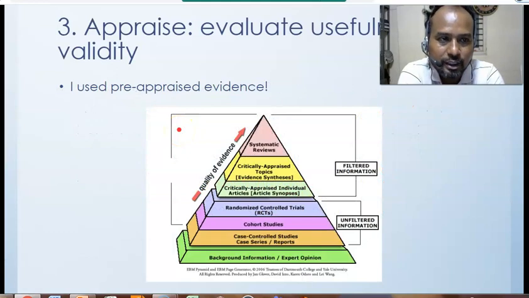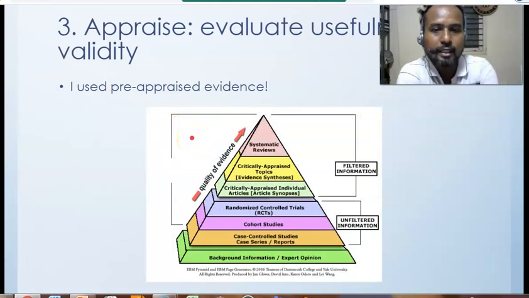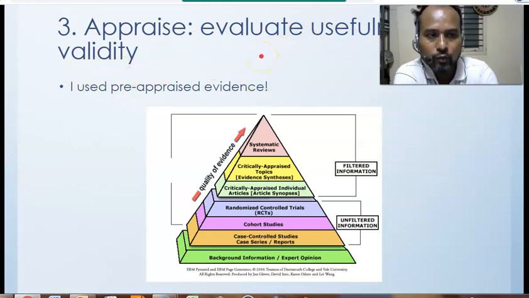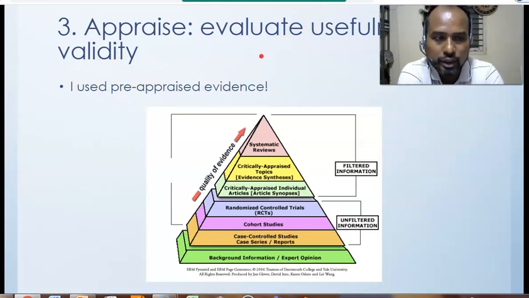stage, or the third step, that is Appraise. The third step in evidence-based practice requires us to appraise, that is, critically evaluate the evidence for its usefulness and validity. That means we have to read the study for risk of bias, look into the study results and see the effect size, the overall consistency of the results, the precision of the results and so on.